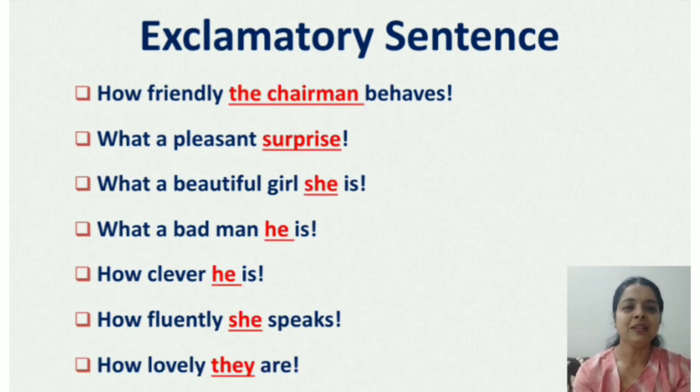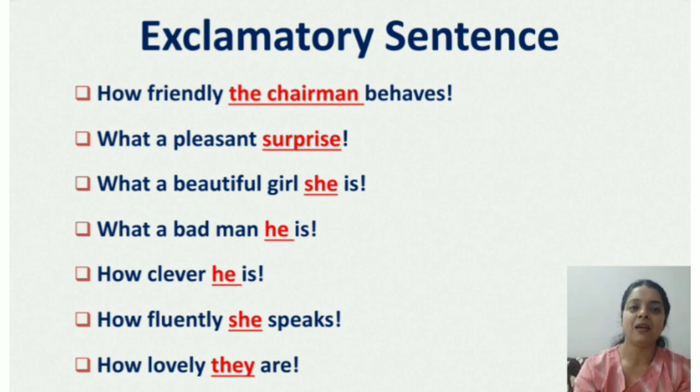What a beautiful girl she is. Who? She. What a bad man he is. He. How clever he is. Who? He. How fluently she speaks. Who speaks? She speaks. How lovely they are. Who are? They are.